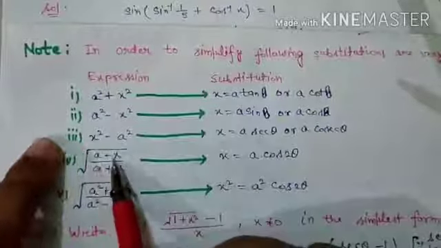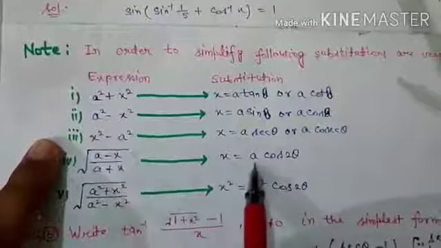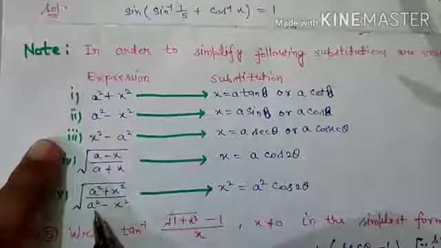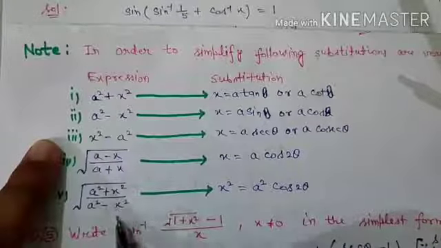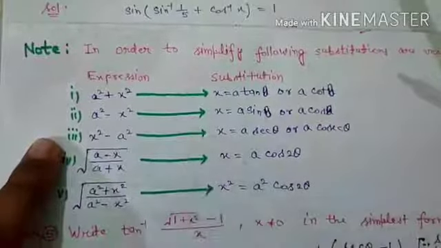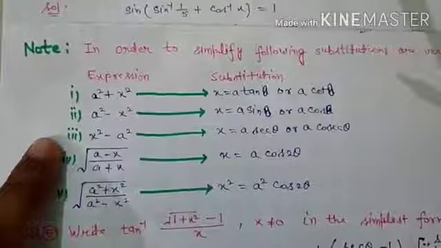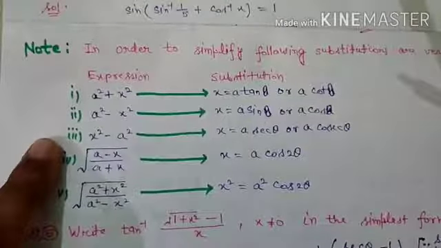And root of a minus x upon a plus x, we can substitute x by a cos 2 theta. Similarly, a square plus x square upon a square minus x square, we can substitute x square by a square cos 2 theta. If you remember this, these kinds of substitutions can be very helpful during solving questions.